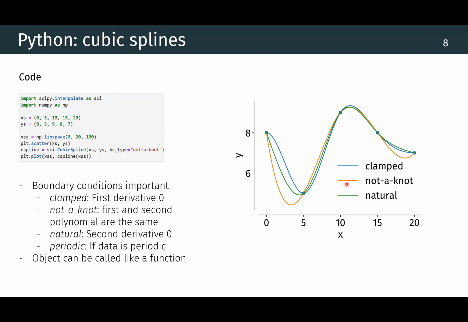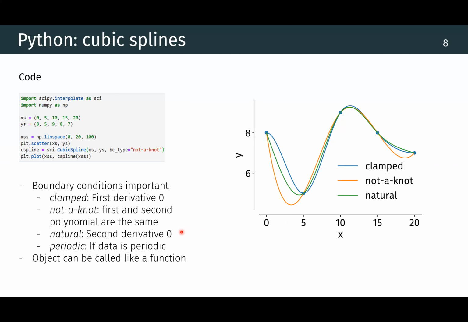So in the not-a-knot conditions, these 3 points define one polynomial, and these 3 points define the other polynomial. That's, as you may have guessed, only useful if you have a substantial amount of data points in the middle, because otherwise you're mostly governed by these two outer regions. That's why you see that not-a-knot is substantially different from the other two solutions, in particular in the outside regions, because there's no additional polynomial in those regions. Nonetheless, this is the default concept of SciPy.